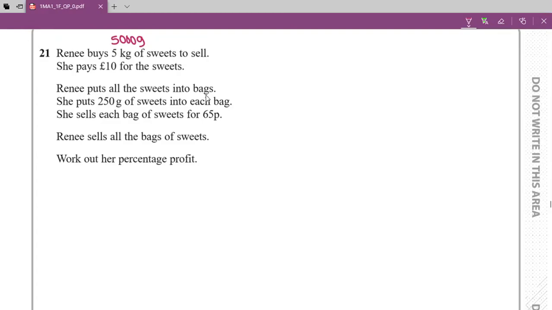Now to find the number of bags, you're going to divide 5,000 by the 250 grams of sweets in each bag. So that's 5,000 divided by 250. When I do that, I'm trying to get the number of bags, and this is going to give me 20 bags of sweets.